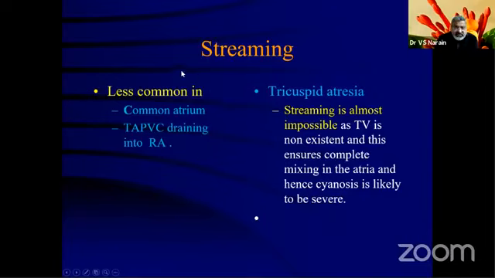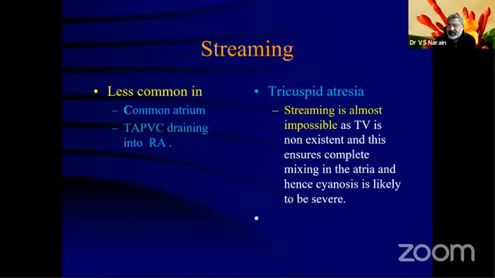So there are situations where streaming is common, such as double outlet right ventricle, single ventricle. There are situations where streaming is impossible, such as in tricuspid atresia. And there are situations where it is less common, as in common atrium and TAPVC draining into the right atrium. So that much as far as the admixture lesions are concerned.